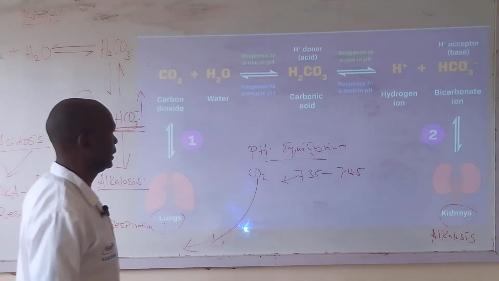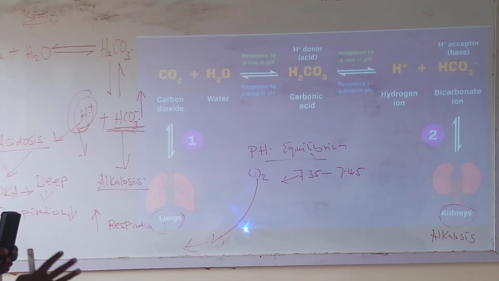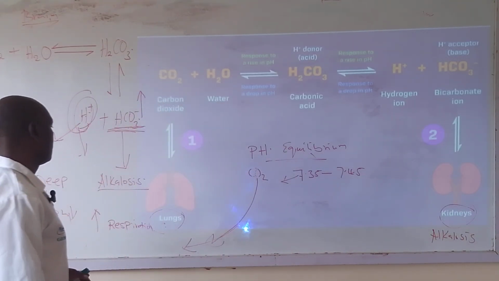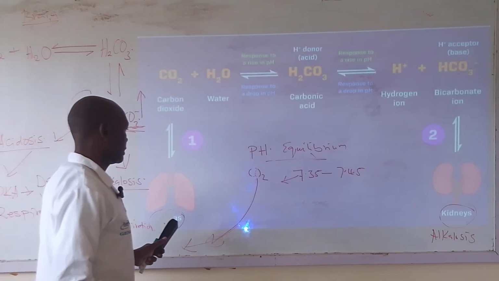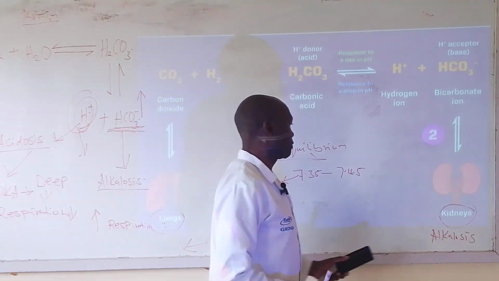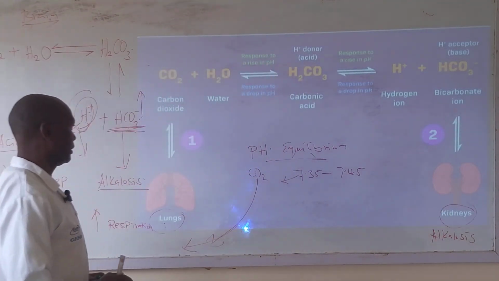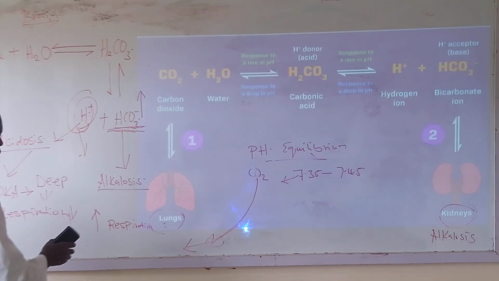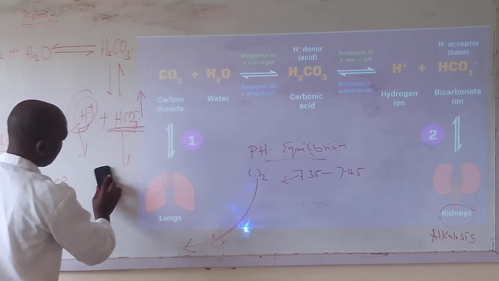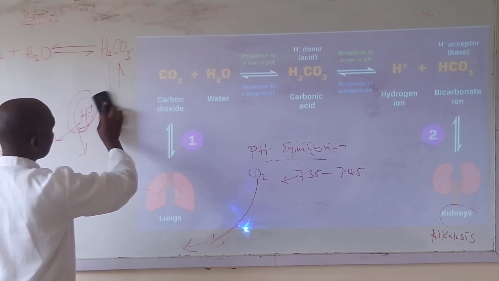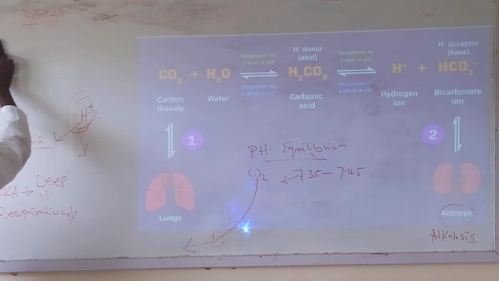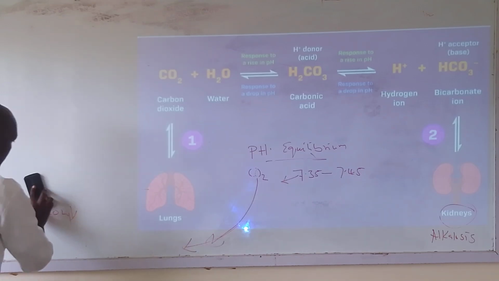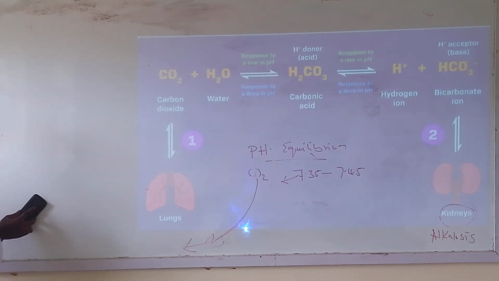That is in the body, to make sure that the pH always falls into the equilibrium. So the moment the two organs fail to balance this equilibrium pH, that is when the patient develops difficult complications, and that is when they come to hospital, because the body's mechanism to balance the pH has been overwhelmed.